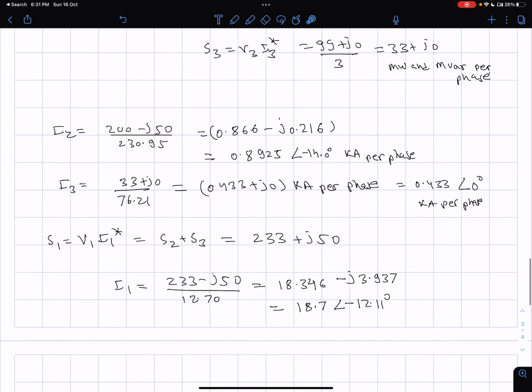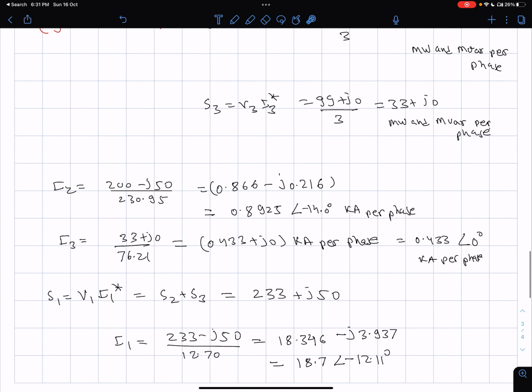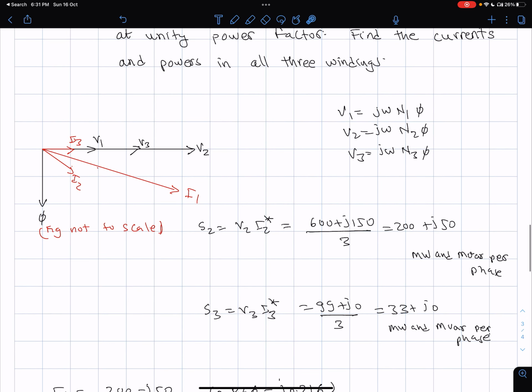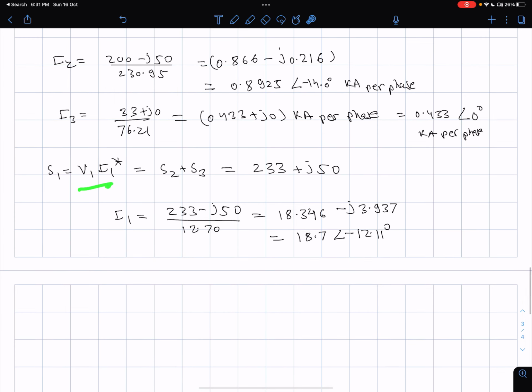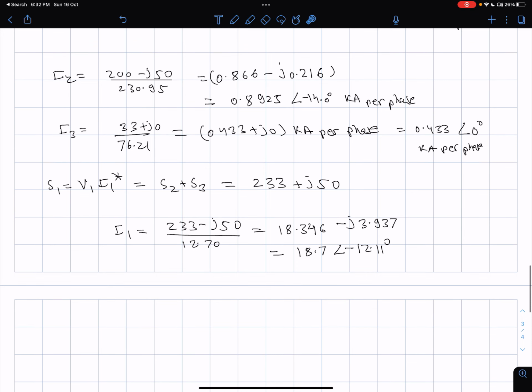So either everything should be referred to winding 1, that means you can do I3 dash and I2 dash referred to winding 1, then do the summation, and you will get I1 by superposition, by the parallelogram law. That is perfectly fine. But right now we cannot directly apply the parallelogram law, so I'll do it the other way around, and I will not do the transformation.